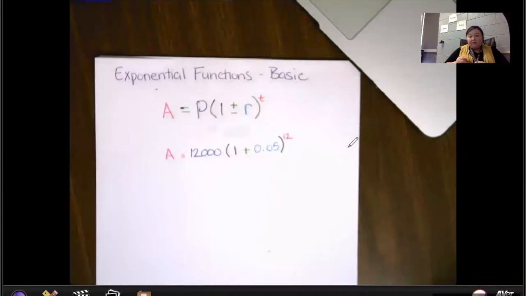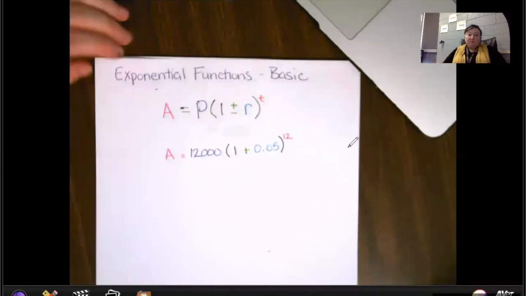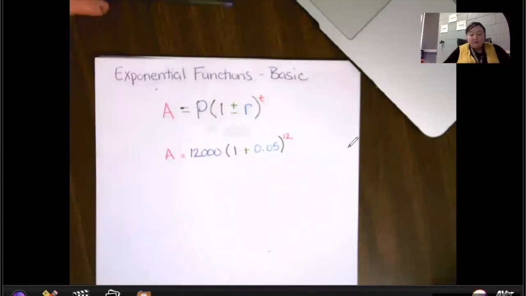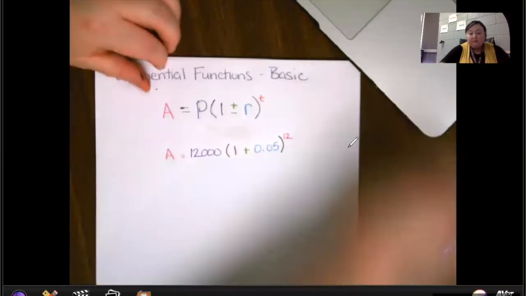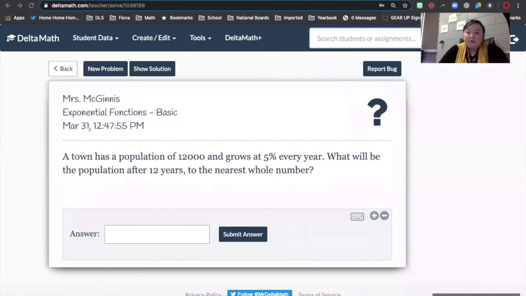Once you have all of that, it's just a matter of putting it into a calculator. You all do have the Desmos calculator app, which will work, so I'll show you how that looks.